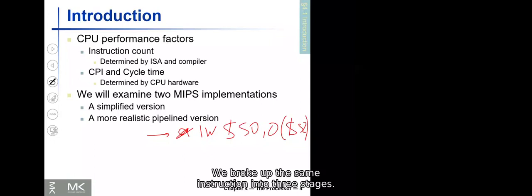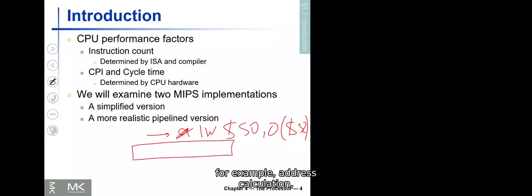We broke up the same instruction into 3 stages: address calculation, then going to memory, then bringing the value and putting it in the register, the register update. We will do these 3 things in this instruction.